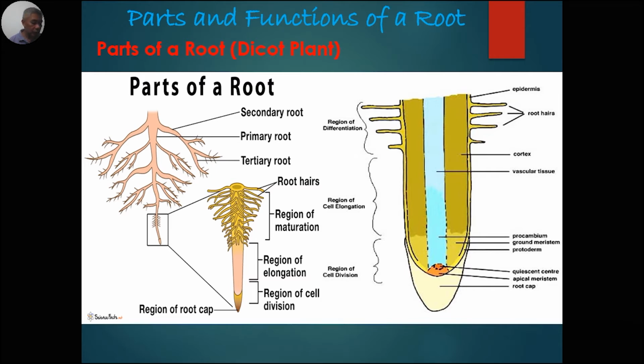Then the next region is the region of elongation. Enlargement of cells, allowing roots to grow lengthwise. Length can be nearly 4 to 8 millimeters. These are newly formed cells which lose the power of cell division.